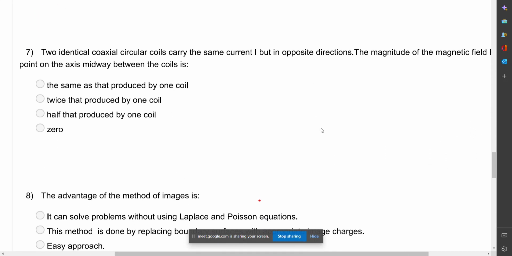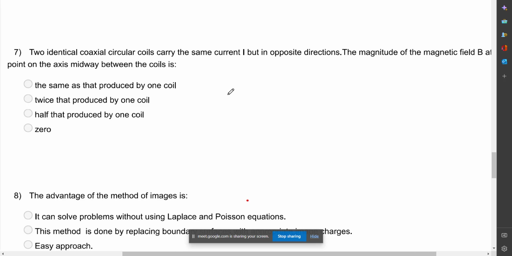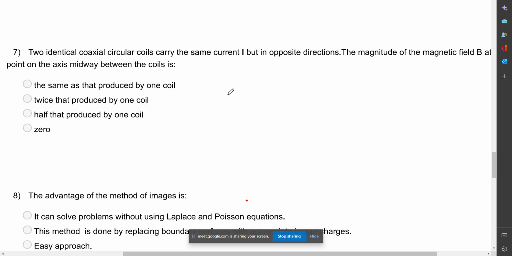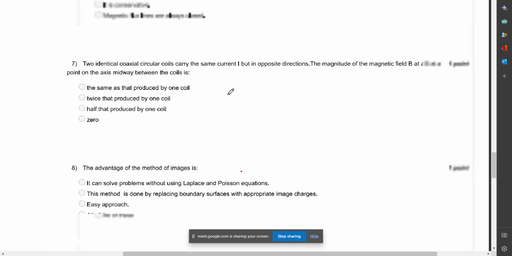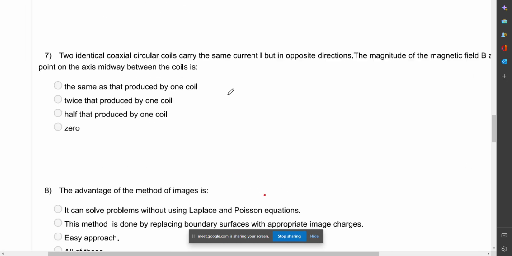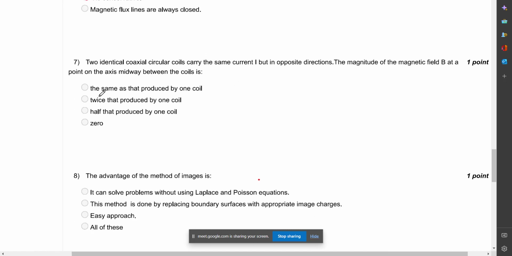Okay, let's go ahead. Question number 7, for 1 point. Two identical coaxial circular coils carry the same current I but in opposite directions. The magnitude of the magnetic field B at a point on the axis midway between the coils is.